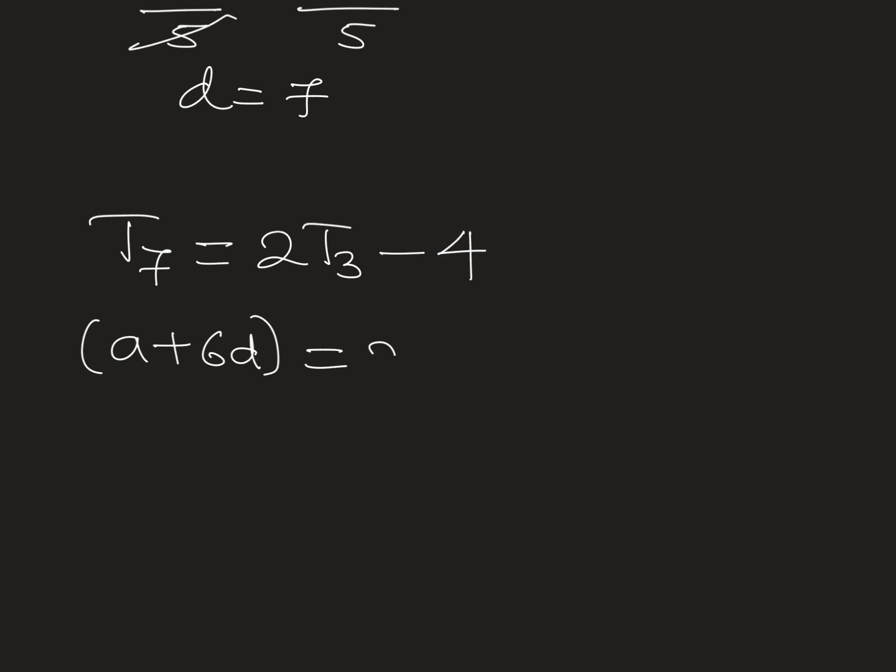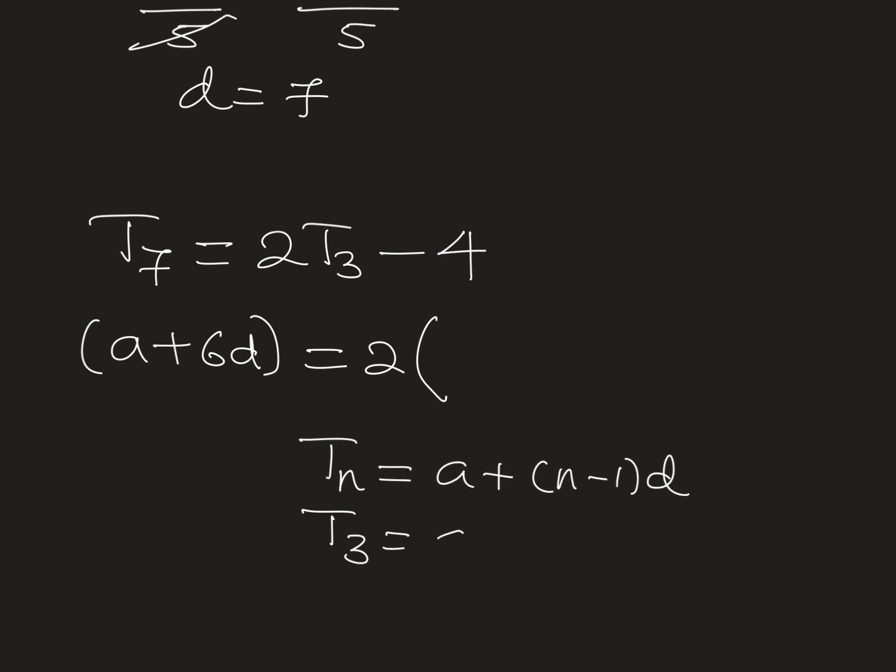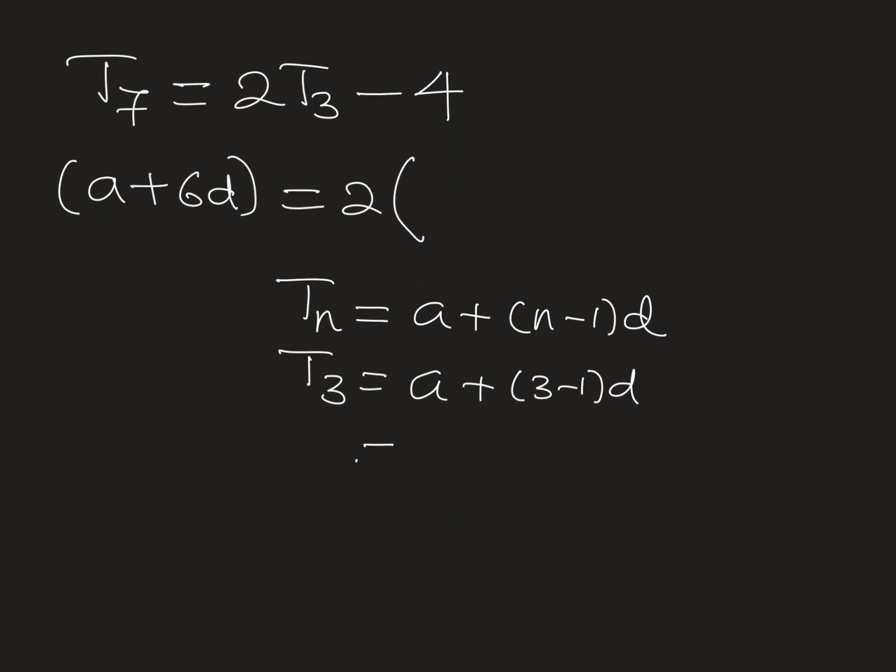So this is equal to 2 into what is t3. If we use t sub n is equal to a plus n minus 1 times the difference, t3 will be a plus 3 minus 1 times the difference. So that will be a plus 2d. That is what I'm going to write for the place of t3. It is a plus 2d.